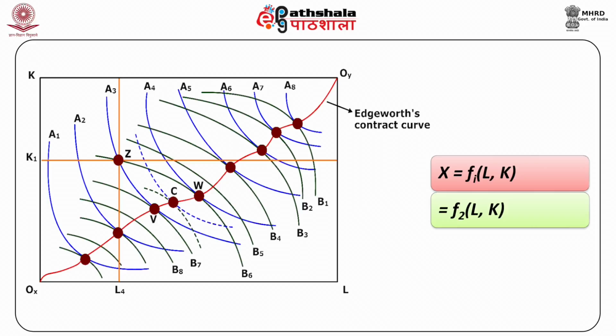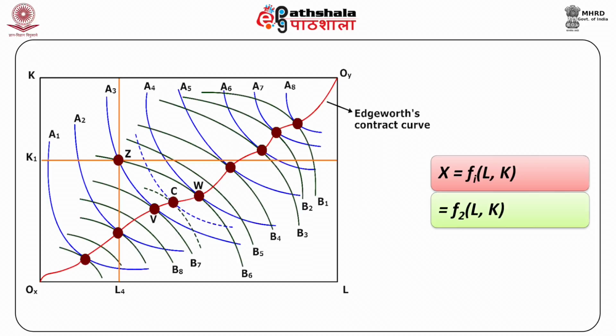Now if you look at K1K and if we examine the isoquant B6, then it shows that the marginal rate of substitution of isoquant B6 at this point would be different from the marginal rate of technical substitution for commodity X, that is at point Z, the slope of the two isoquants A3 and B6 are not equal.